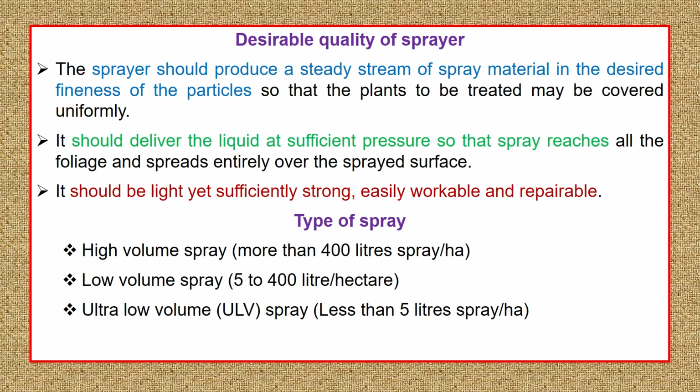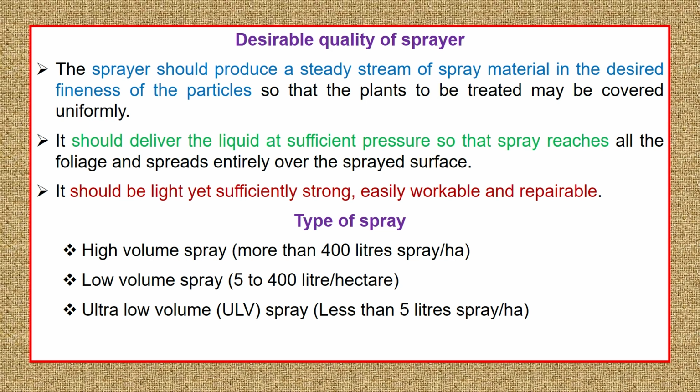There are some desirable qualities associated with sprayers. The first quality is that the sprayer should produce a steady stream of spray material in the desired fineness of particles, so that the plant to be treated is covered uniformly with the droplets.